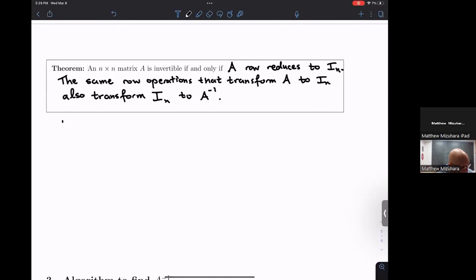The key relies on remembering that elementary row operations are the same thing as multiplication by an elementary matrix.